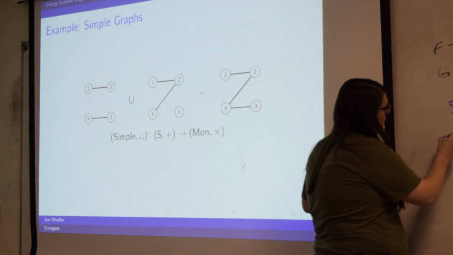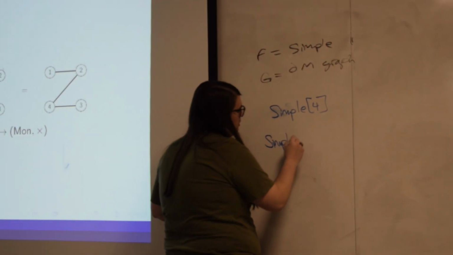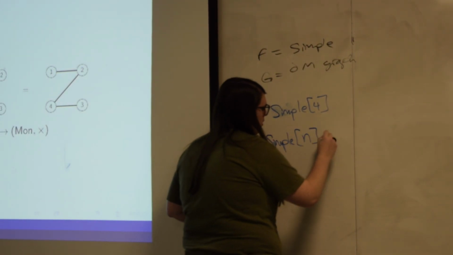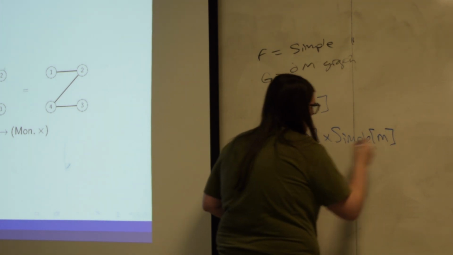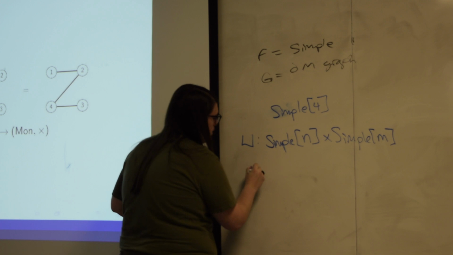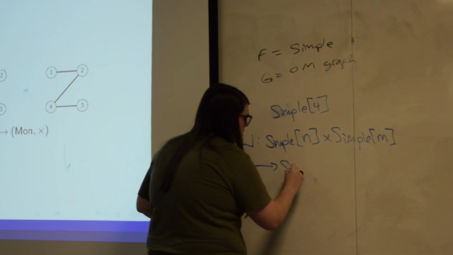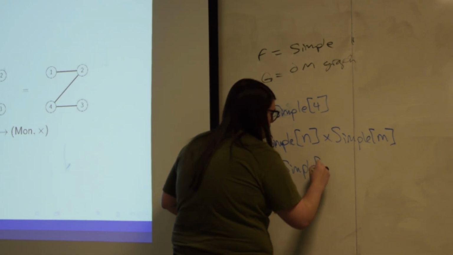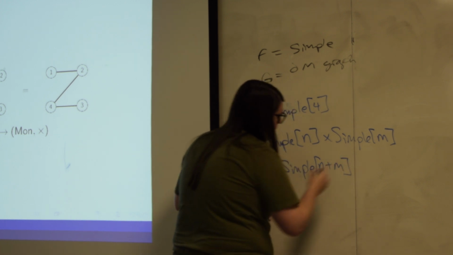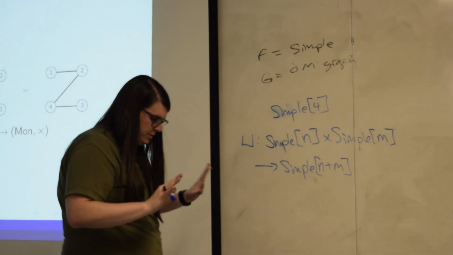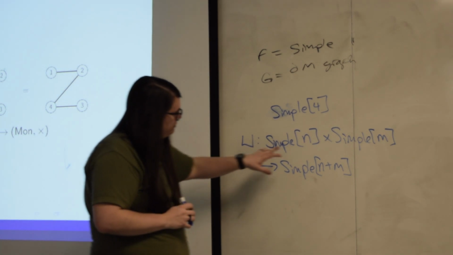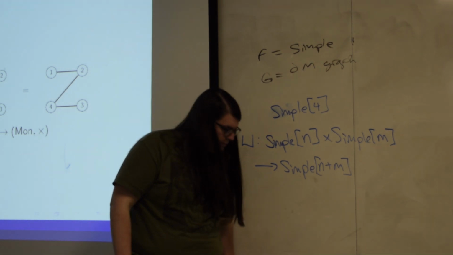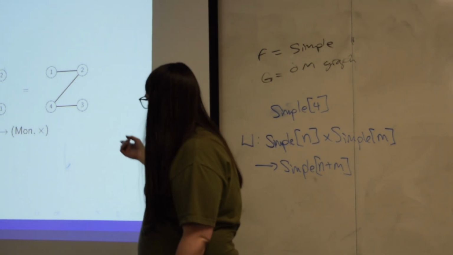So what that means is that if you have simple of n and simple of m, then disjoint union takes those and produces a simple of n plus m. A simple graph on the vertices, the disjoint union of the vertices. Right? And it forms a laxator, makes this a lax monoidal functor.